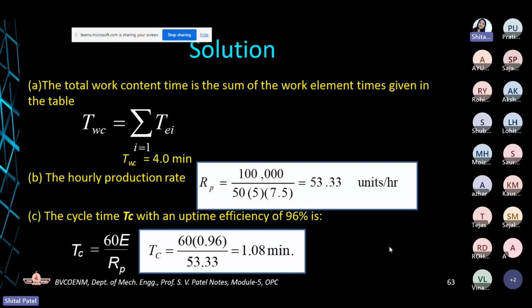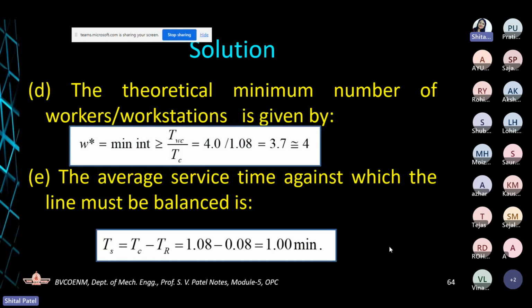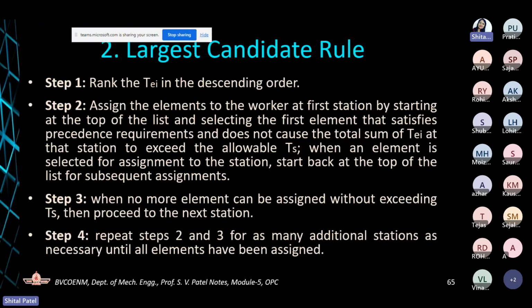Can you see the 1.08 minute cycle time? Yes, ma'am. But after that what happens, 0.08 time is required for the next raw material to get fit in. Understand? You need time for setting, the setup time as we call it, so that is your 0.08 minute. So if you deduct it from the 1.08, then you'll get effective cycle time as 1.00 minute. Okay, ma'am. Okay.